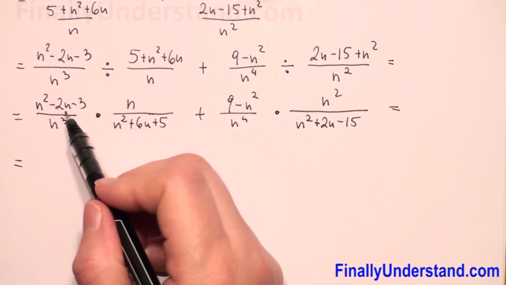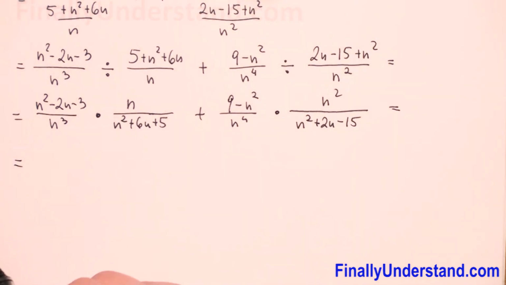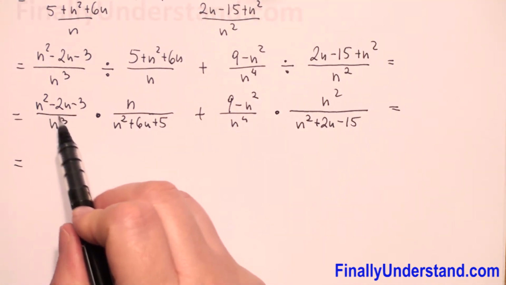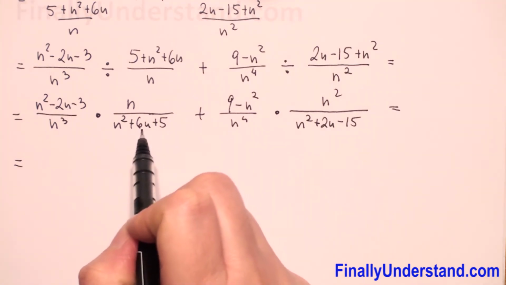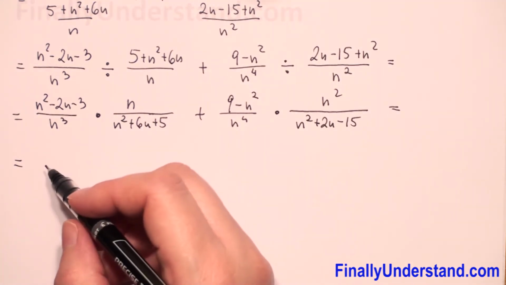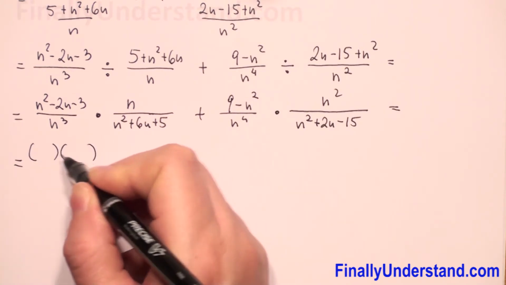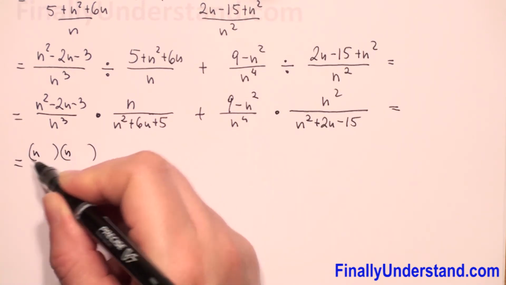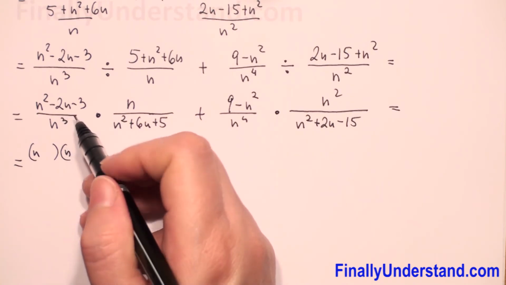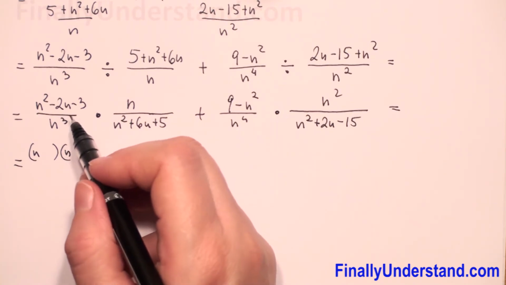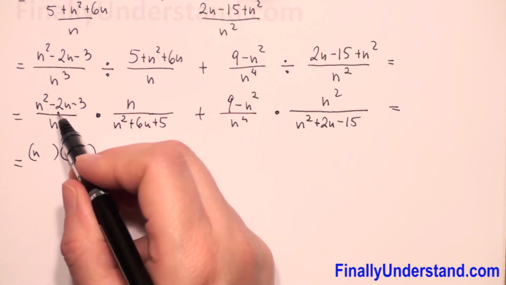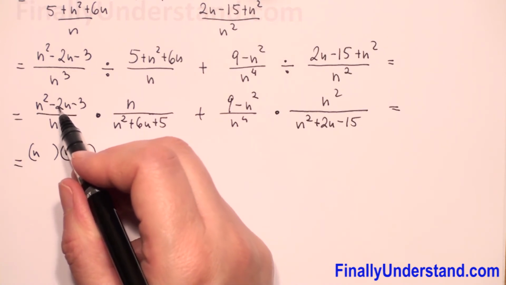We have quadratic trinomials, so we can try to factorize, because we have different term in numerator and in denominator. So let's see. You have n squared, so we need to put n at the beginning. N times n give me n squared, and now when I multiply two numbers I need to get negative 3, and when I add them I need to have negative 2.